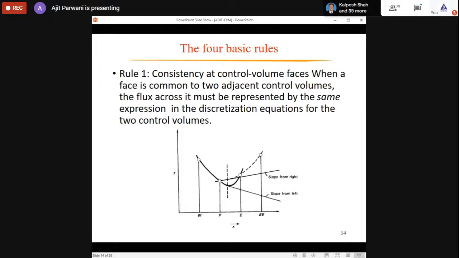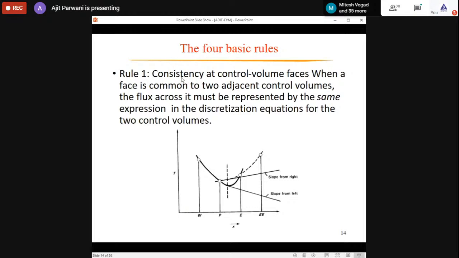So now let's discuss when the solution will be unrealistic. There are some rules that should be followed if we do not want the solution to become unrealistic. In the finite volume method, there are 4 rules that you should always check that your discretization equation satisfies.